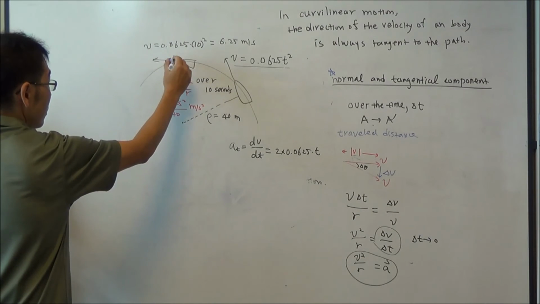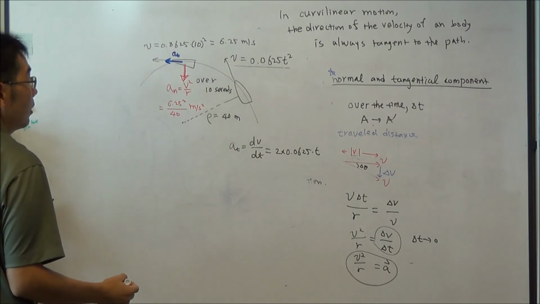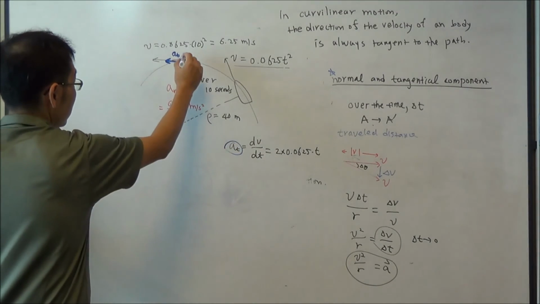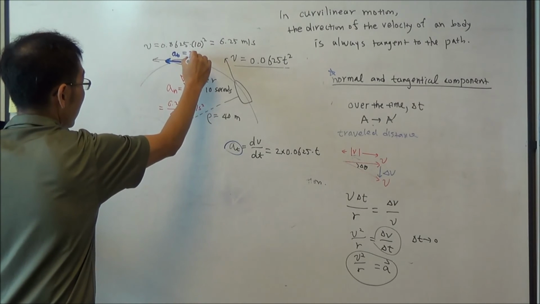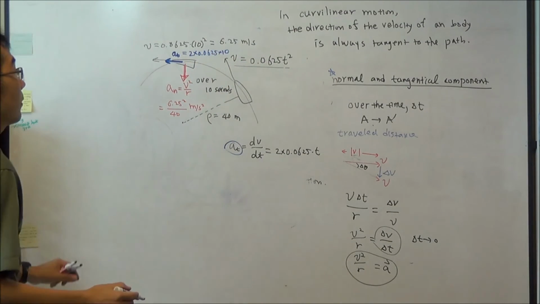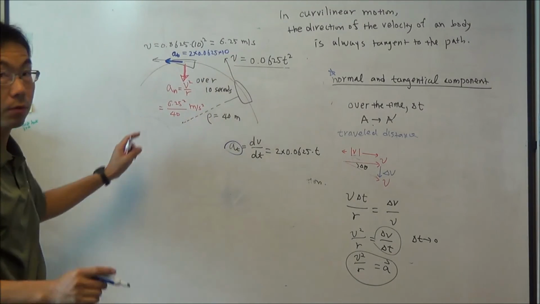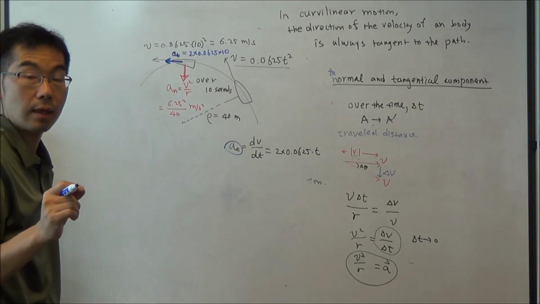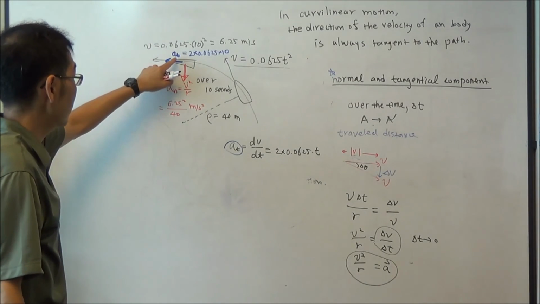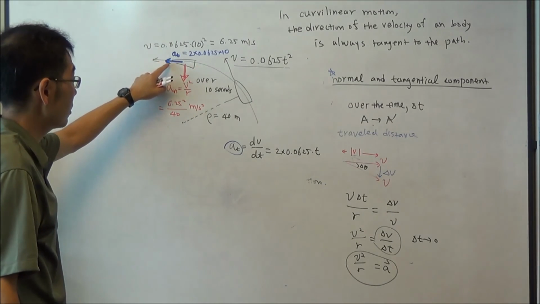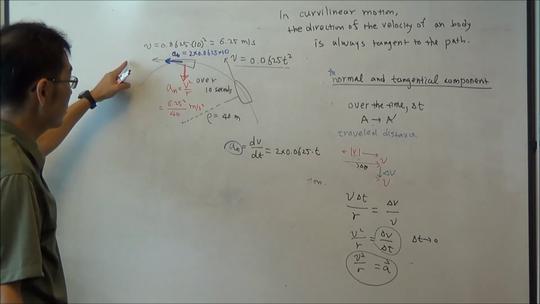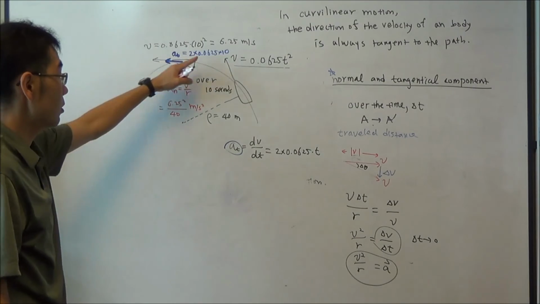So that is equal to 2 times 0.0625 times 10, because we want the acceleration at the instant t equal to 10. So I got the tangential and normal components of acceleration, and the velocity is tangent to the path.